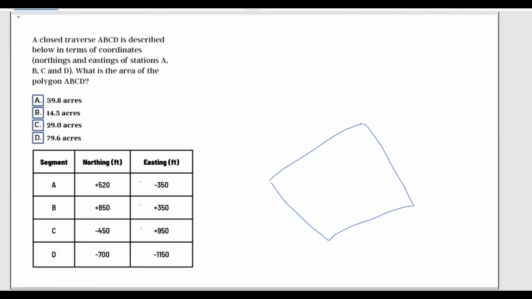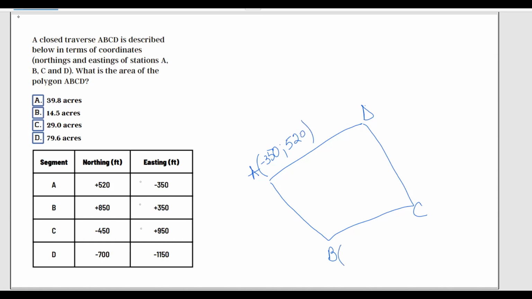So we have ABCD. This is A. I'm just randomly going to represent it like that. C and D. And A has the coordinates, eastings is the X value, so minus 350 and 520.